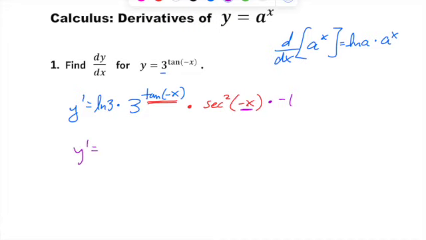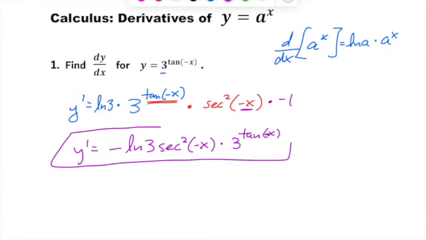And so maybe this would look nicer as negative ln of 3 secant squared of negative x, all times 3 to the tangent of negative x. Maybe that looks a little nicer. There's no great order there, but that's it. All chain rules accounted for.